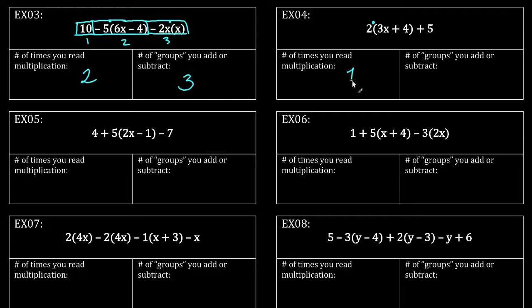So 1 multiplication. Now let's see how many groups of multiplication, so to speak, that we have. So 2 times, remember that's together, times 3x plus 4. And then we add 5. So we have 1, 2 groups.